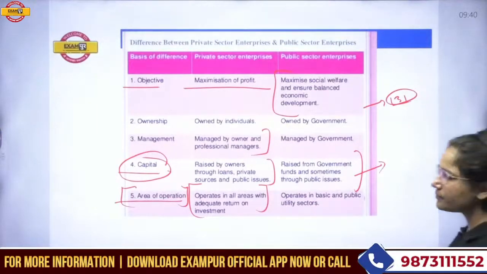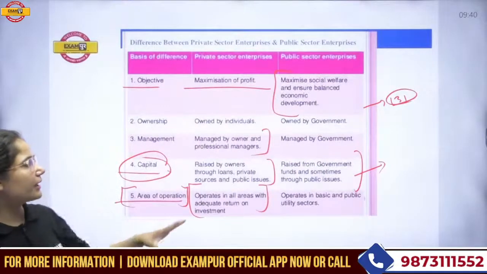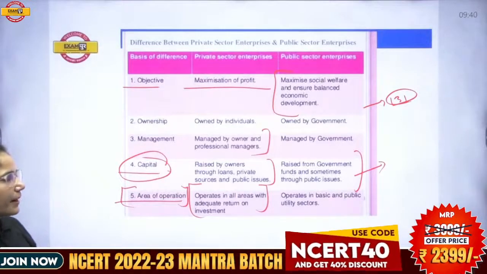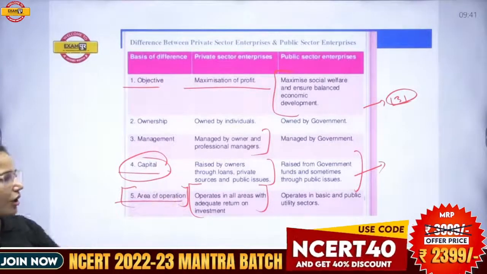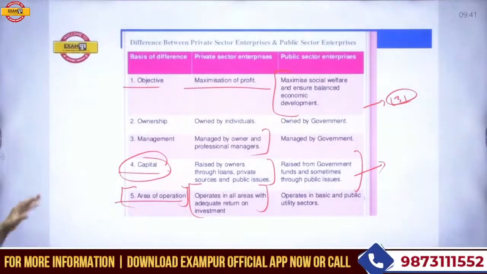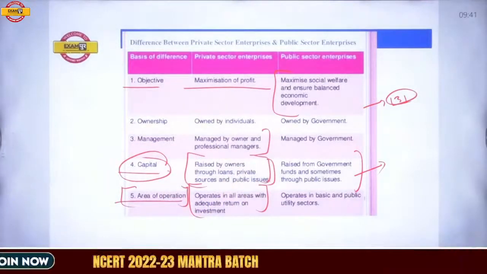What are the core differences between these two? Public sector always works from the perspective of welfare. It is owned by government, managed by government, collecting resources from the public, operating in basic and public utility sectors. Private sector is owned by individuals, a combination of private people.